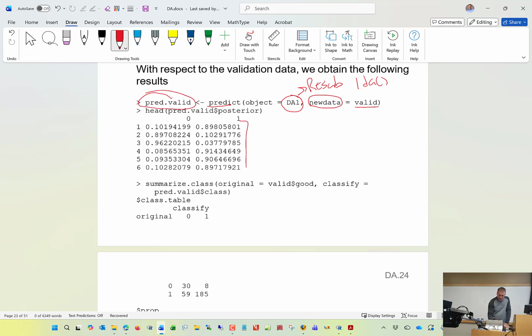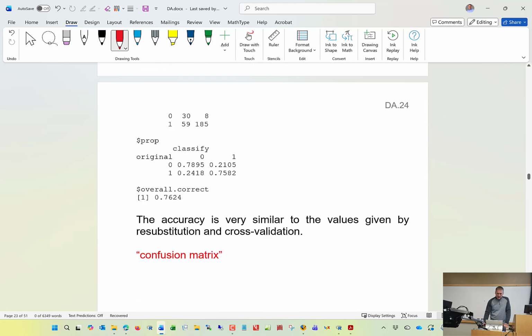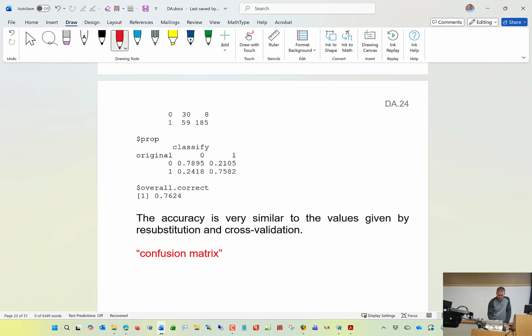You can see the posterior probabilities that were produced. Also, a classification will be produced too. So if I run summarize.class with this, I get similar results. My overall correct percentage is 76%.